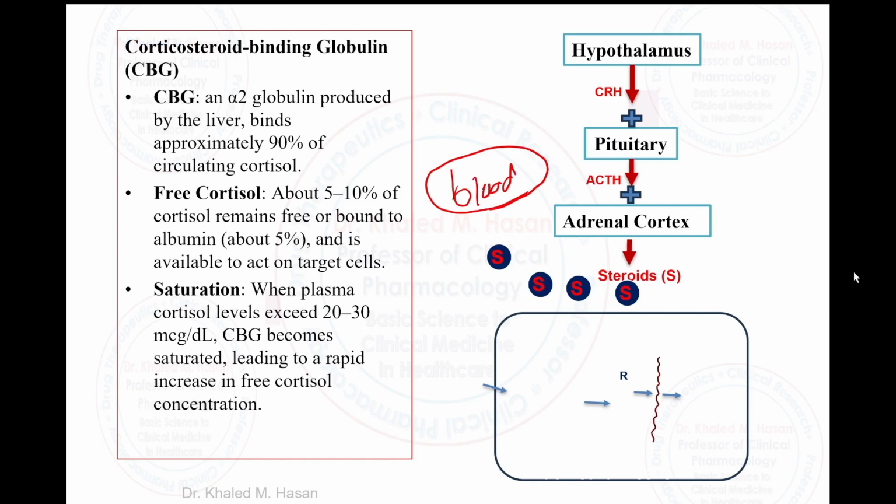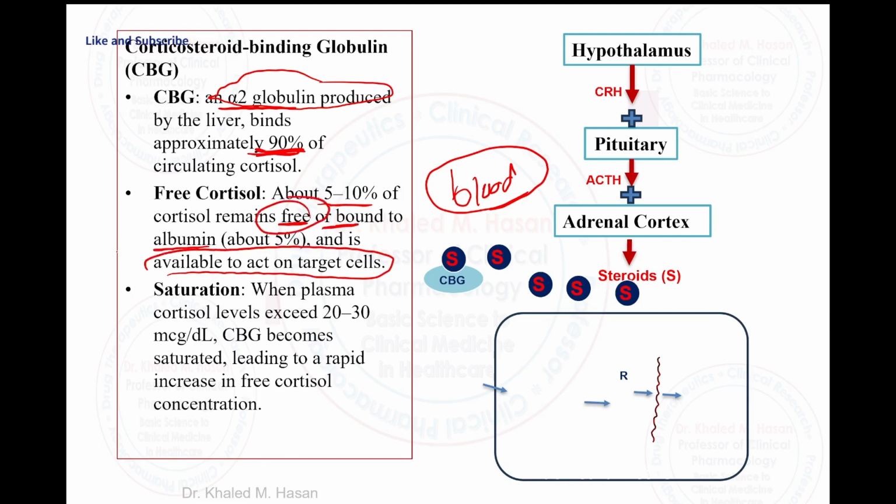What happened there? In the blood, the cortisone binds to globulin, called alpha globulin. 90% of the steroid hormone binds to the albumin. They said later on that around 5 to 10% will remain free, or maybe bind to the albumin around 5%, and this is responsible for the action. So when you talk about free hormone, it is responsible for the action.